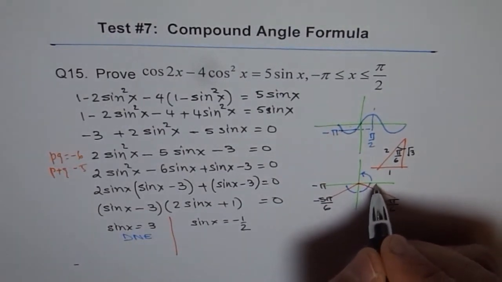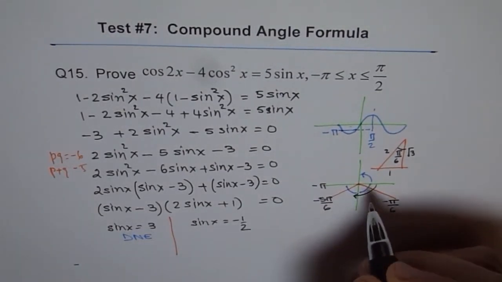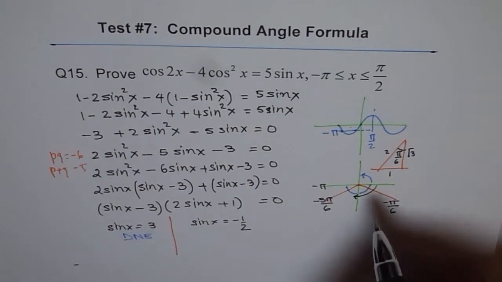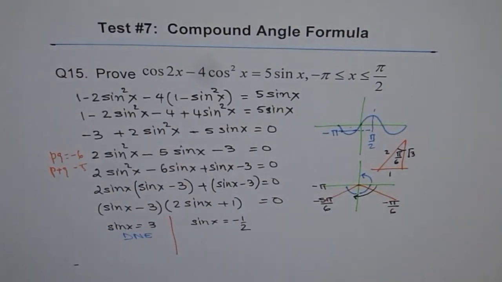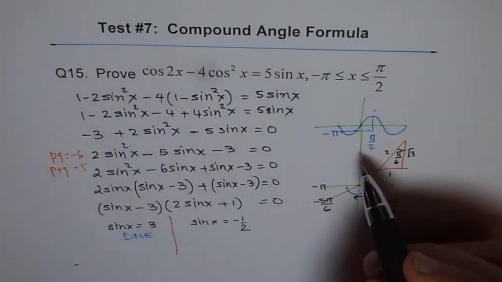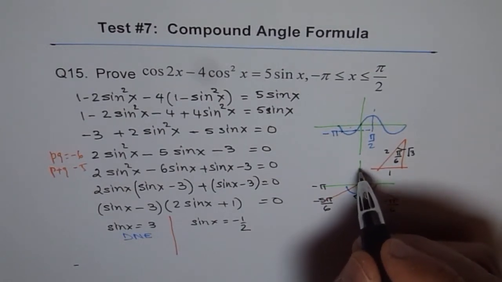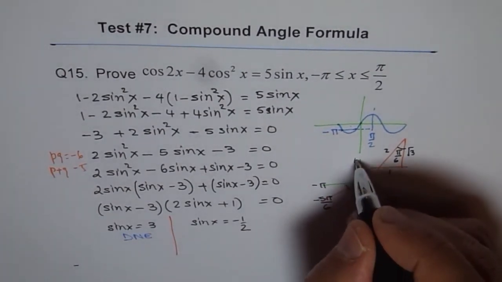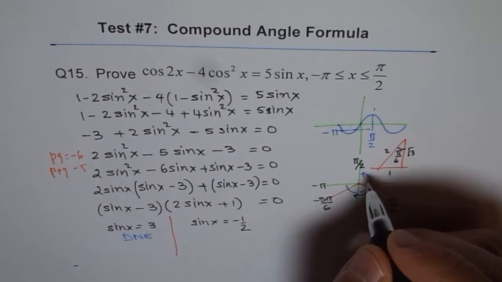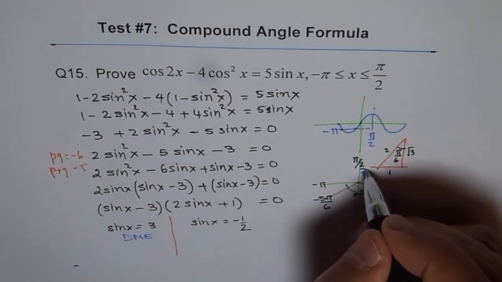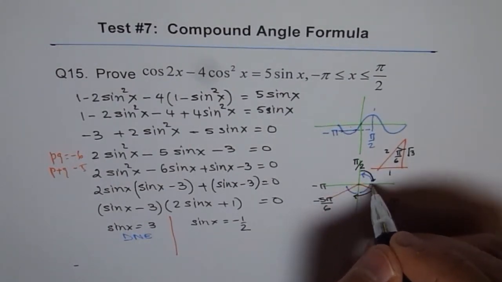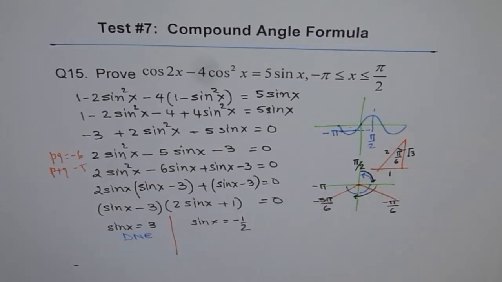That's another way of looking at it. When you say from pi by 2, let's consider from here. That is pi by 2, so x is less than pi by 2, and it is up to this side. Those are the two solutions for us.